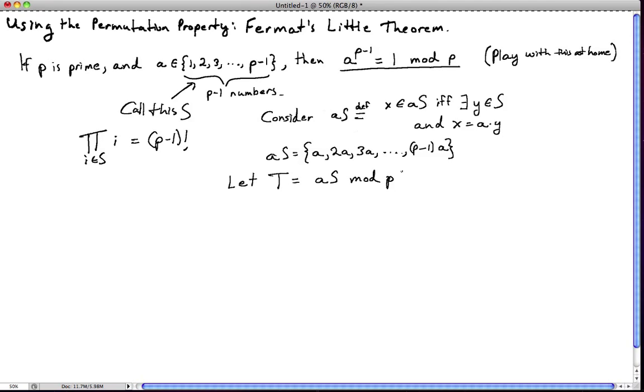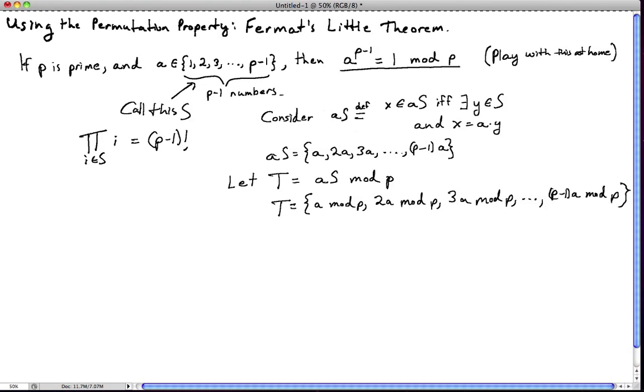So what do I mean by this? I mean, I want to take everything in aS and just mod it by p. So this is going to be a mod p, 2a mod p, 3a mod p, all the way up to p minus 1 times a mod p.